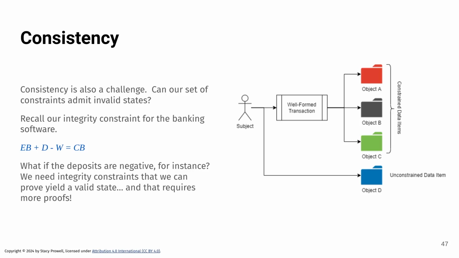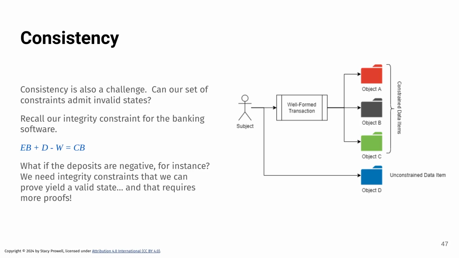So remember our integrity constraint from banking? EB, the ending balance plus the deposits minus the withdrawals is the current balance. What if deposits is negative, right? We deposit negative money. I mean, nothing prevents me, as far as I know, from having different signed integers. Or what if I overflow something? Or underflow?